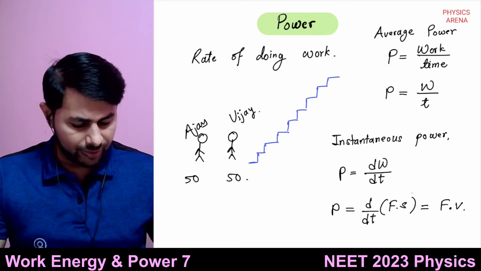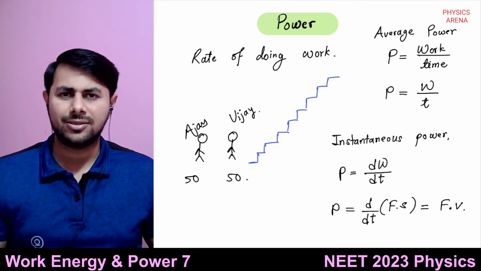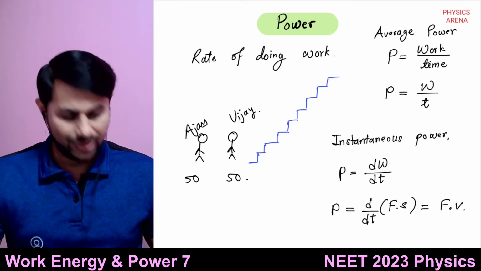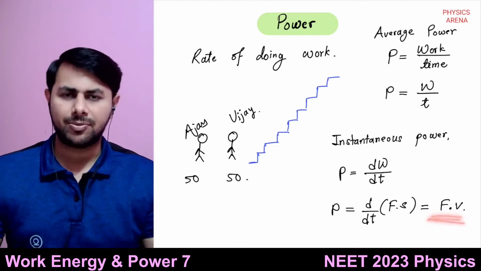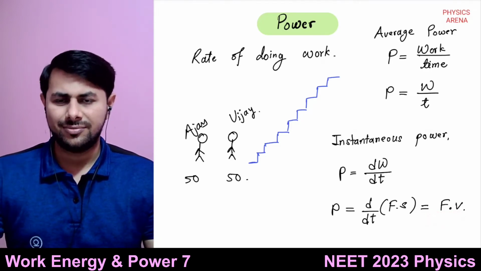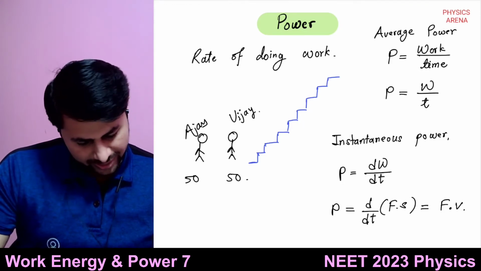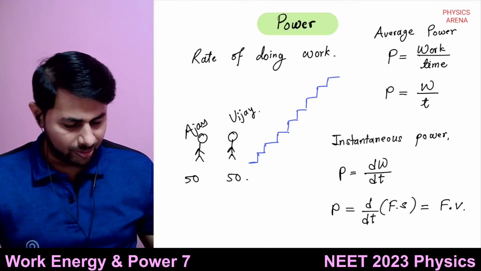So it will be F multiplied by d by dt of s. d by dt of s is velocity. So you get instantaneous power equals F times velocity. So is this clear? The talk went in some other direction. All right, we were discussing power.